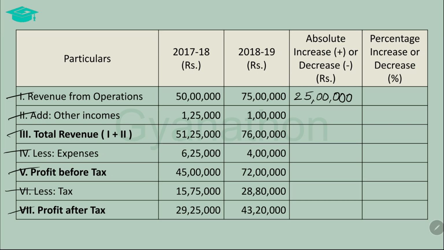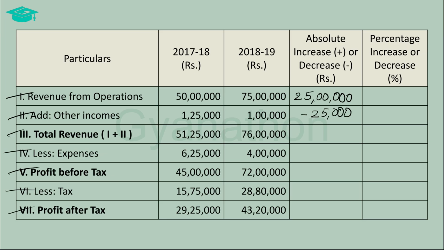So the revenues have increased by 25 lakh rupees. In respect of other incomes, we calculate the absolute change as 1 lakh minus 1 lakh 25,000, which is a negative 25,000. That means the other incomes have reduced by 25,000 rupees.